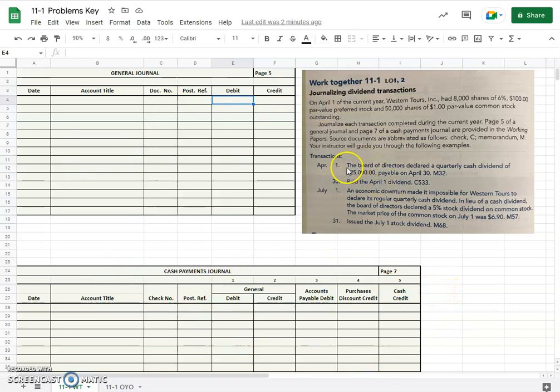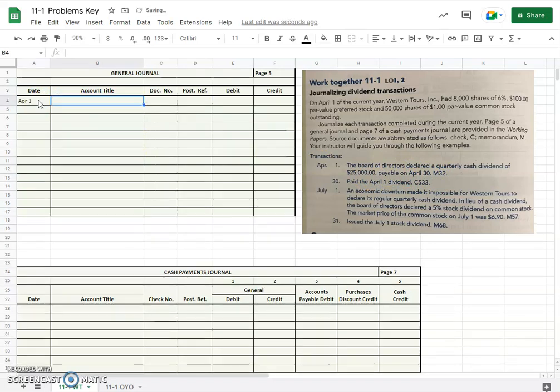Okay. April 1st, the board of directors declared a quarterly cash dividend of $25,000 payable on April 30th. Memorandum 32. So we will put April 1st here.